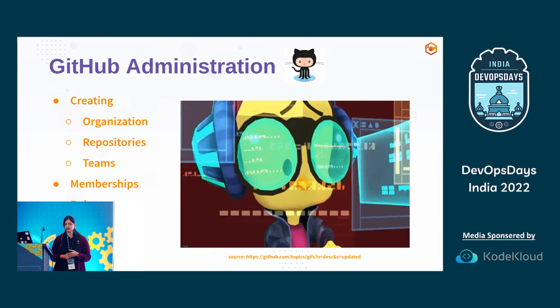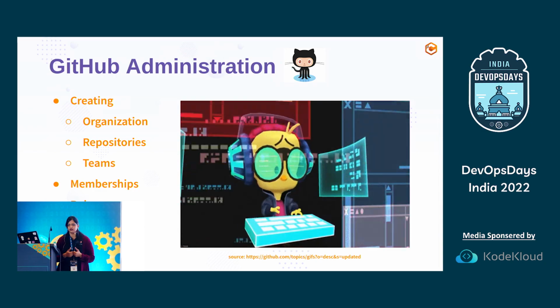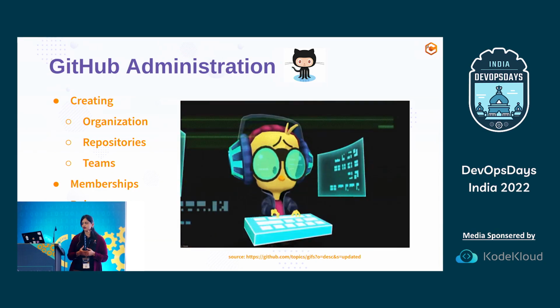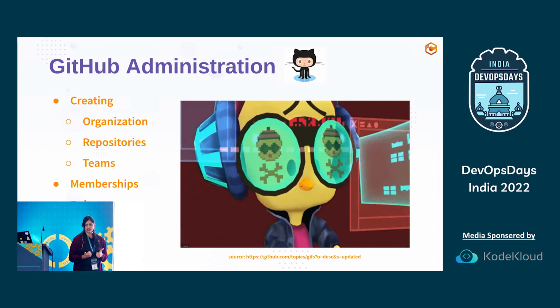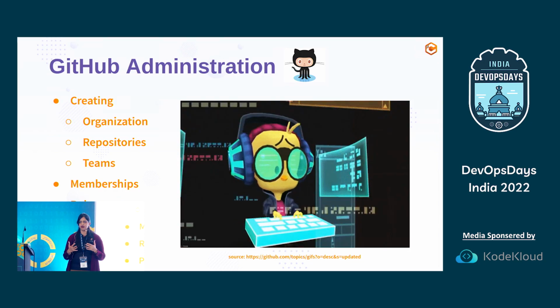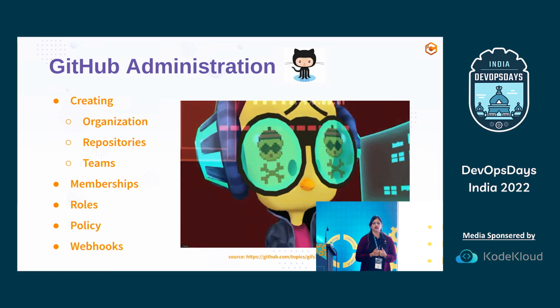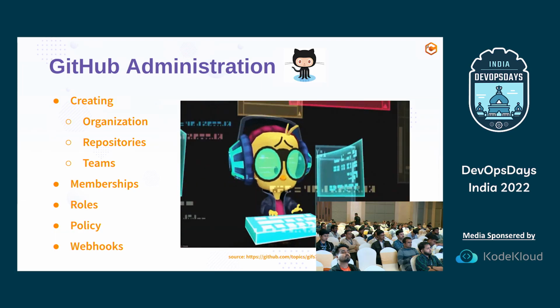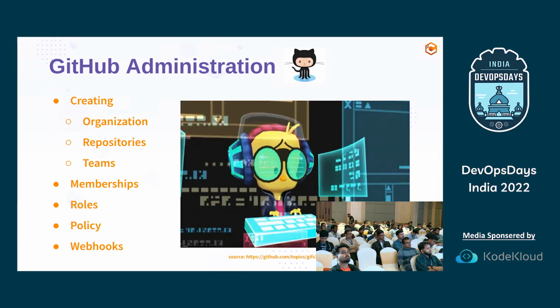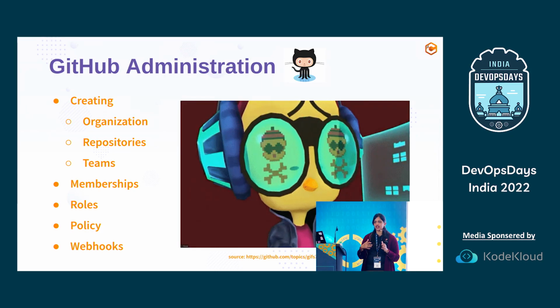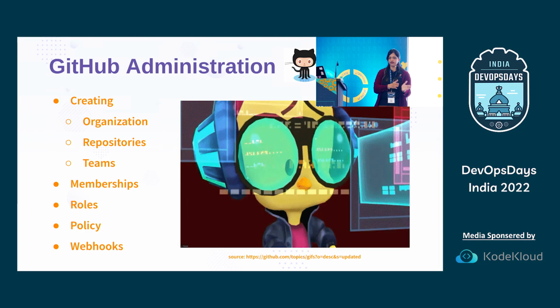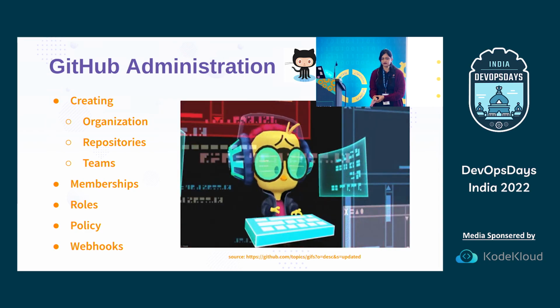Owners and administrators can manage the access of it for all the teams. Talking about creating repositories, a repository is nothing but where a project's files are stored with the version history. Talking about teams, it can be an individual team or nested teams which have access to repositories, with a group of people assigned to it.